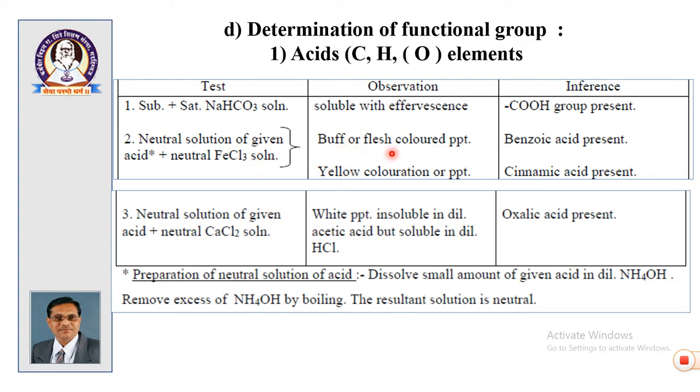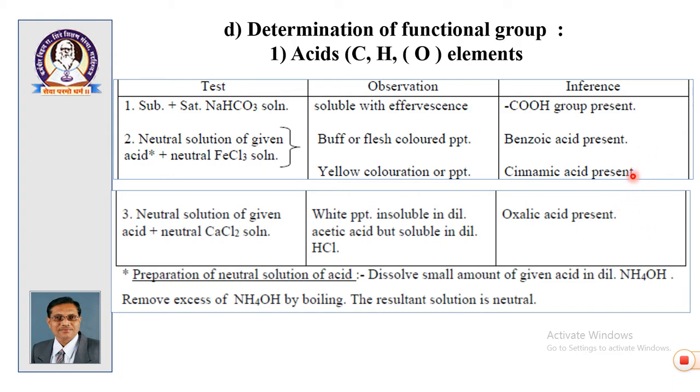One is buff or flesh color, it is for benzoic acid. Yellow color is for cinnamic acid. Then neutral solution of the given acid plus CaCl2 solution, white precipitate insoluble in dilute acetic acid but soluble in dilute HCl, then it is oxalic acid.